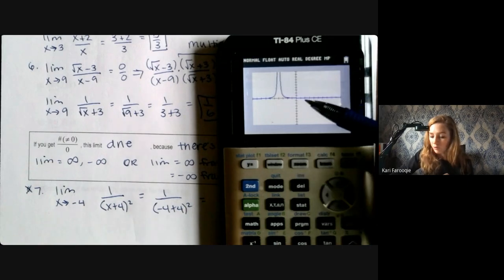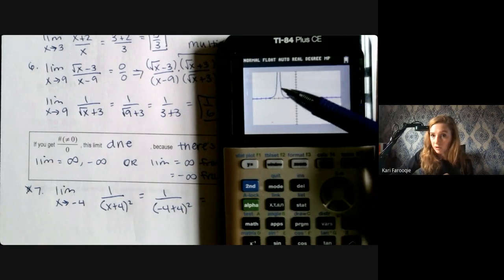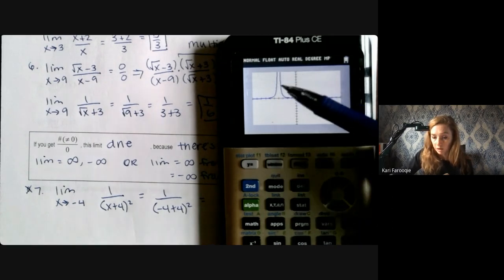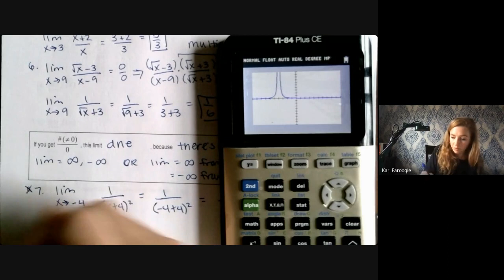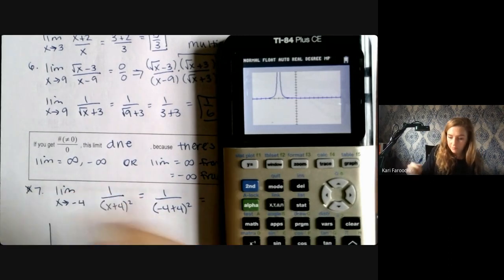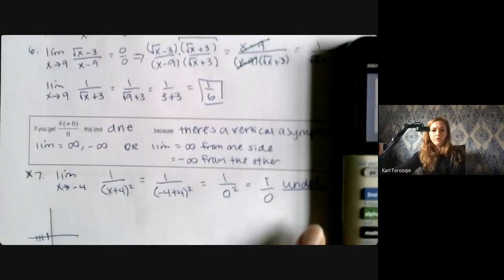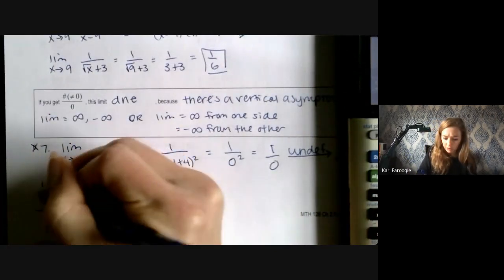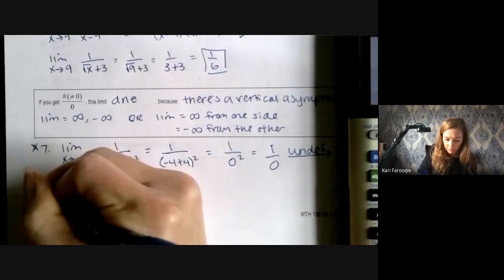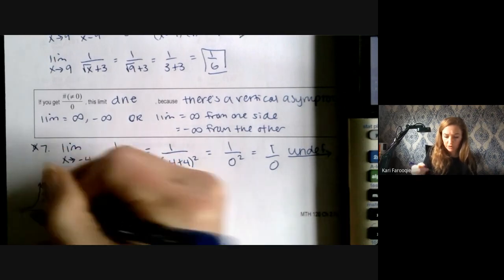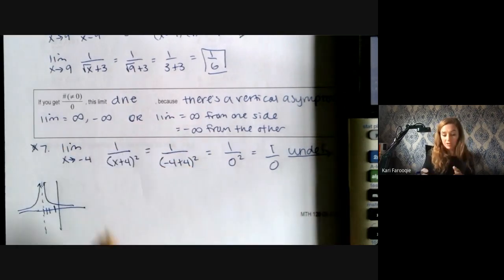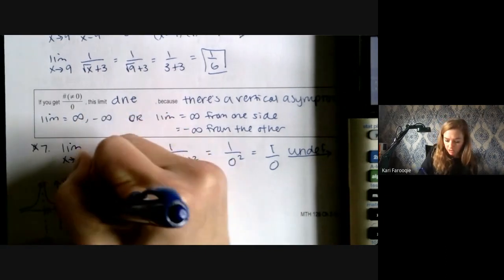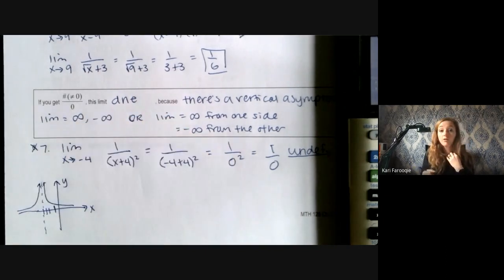As x approaches -4 from the right, the y values again are increasing without bound. So you've got this vertical asymptote, and these two legs of your graph that approach the same value. And we would say that the limit of the function then would be infinity.